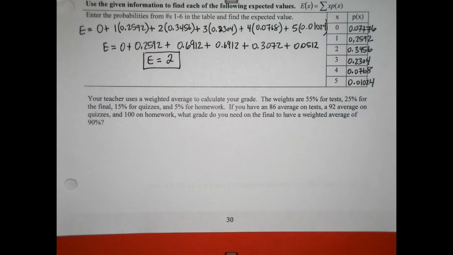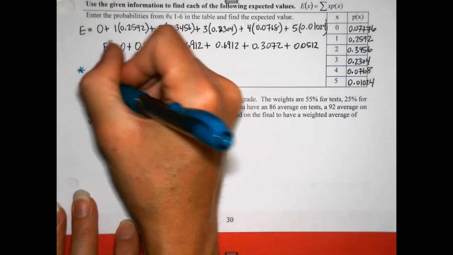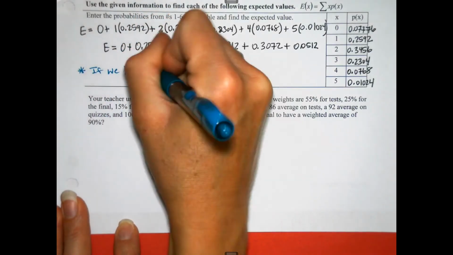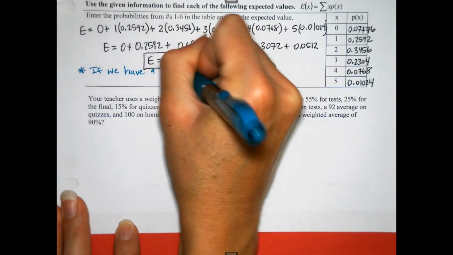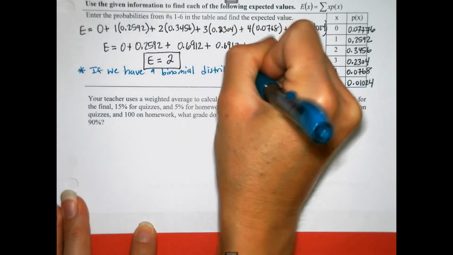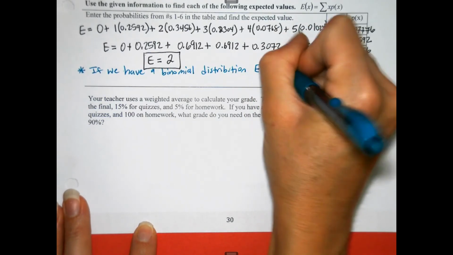Now, we could have taken a shortcut. We don't need to go through the whole process of using the binomial formula and then getting our table and finding this. If we know that we have a binomial distribution, our expected value is going to be n times p.